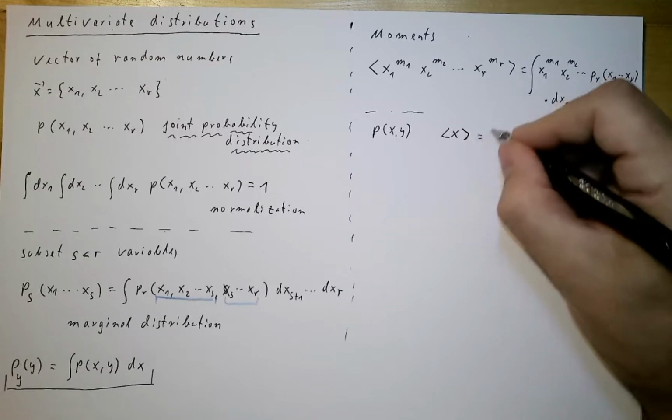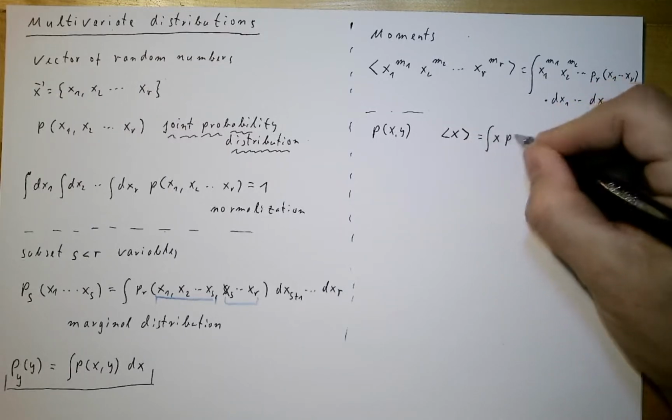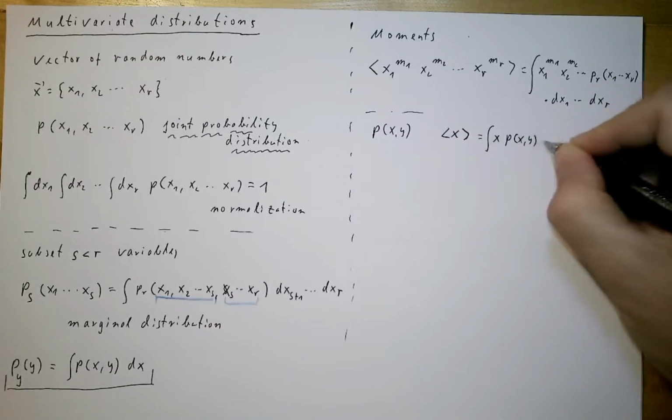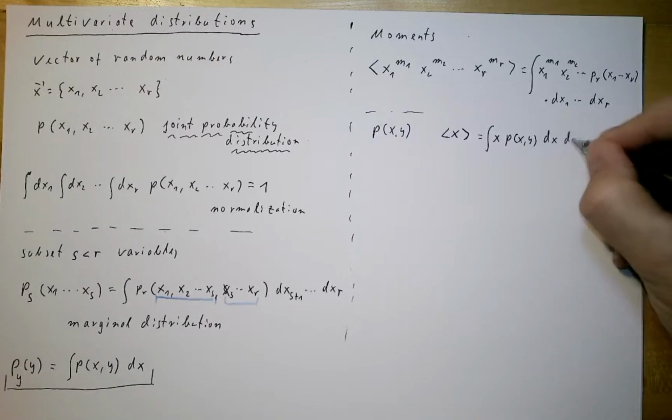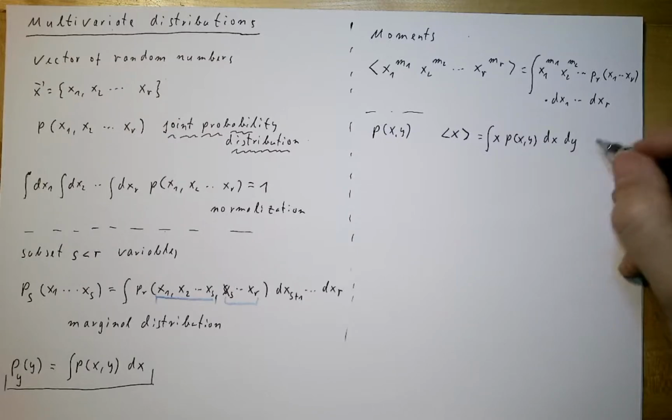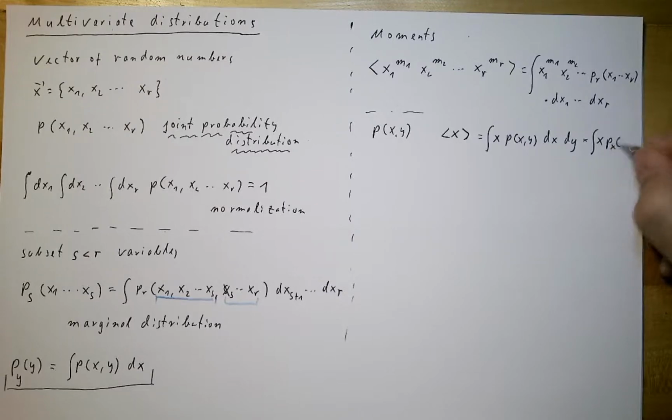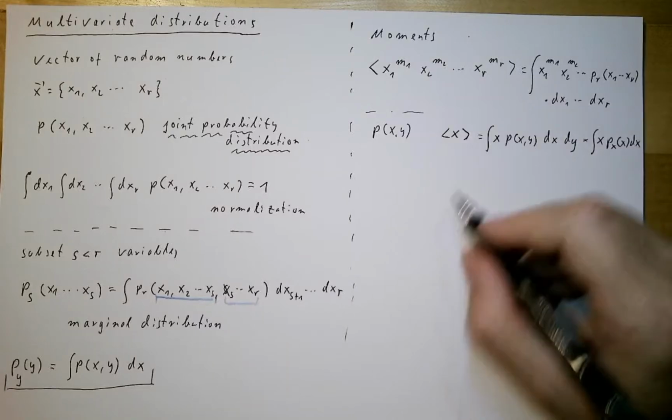We need to integrate x times p of x, y over dx and dy, and you see we can write this just as the integral of x times the marginal distribution over dx.